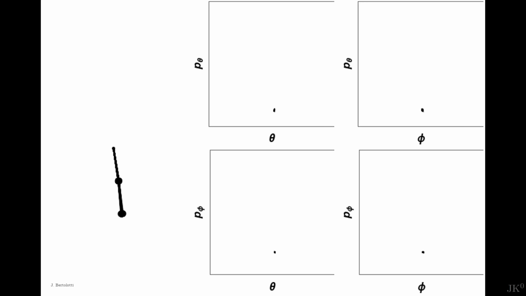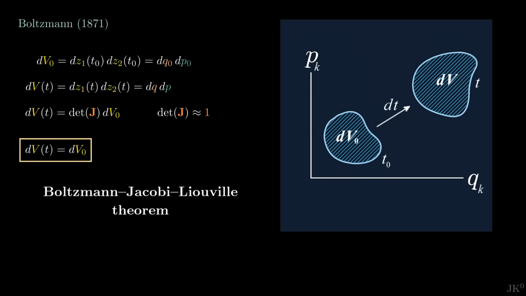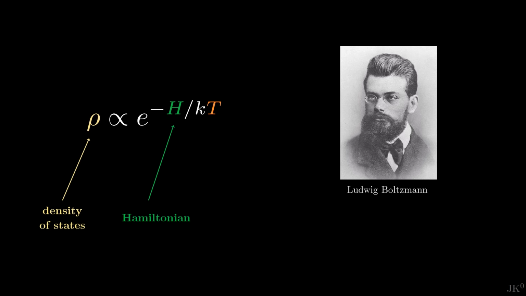The study of phase space volumes might be counterintuitive, but it is crucial in statistical mechanics. Note that the volume conservation theorem does not imply that the density of states is uniform throughout phase space. In fact, Boltzmann discovered that regions of phase space can be more or less populated depending on the energy and another physical property called temperature.